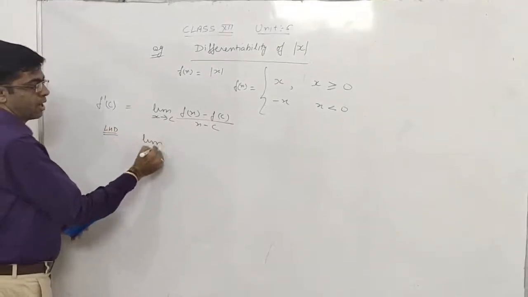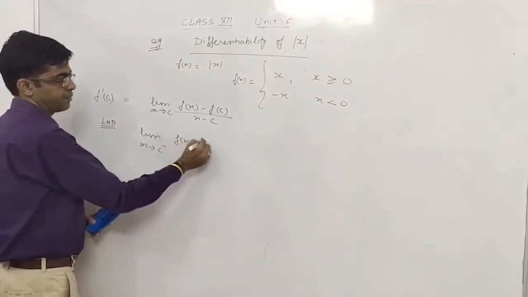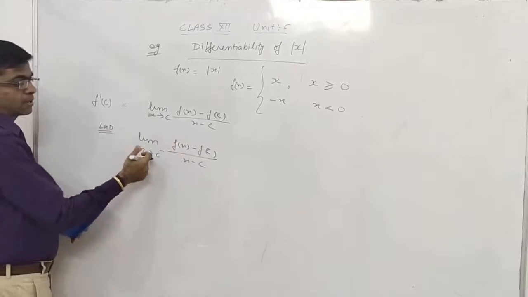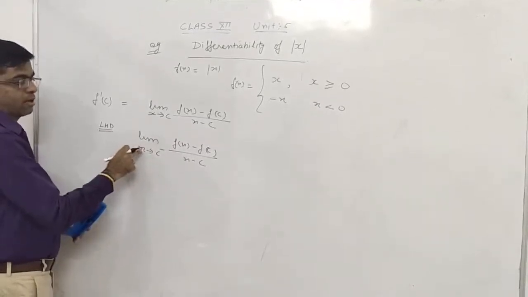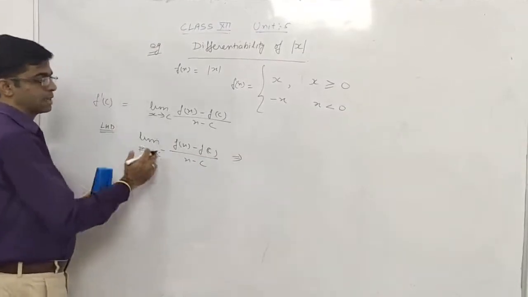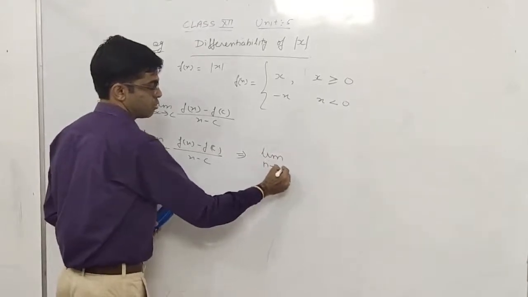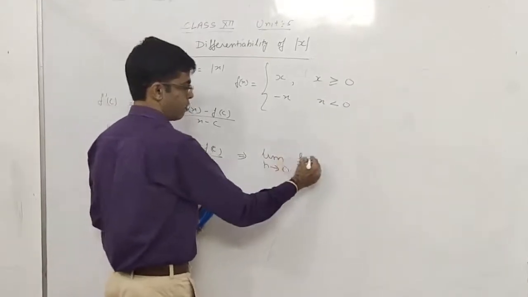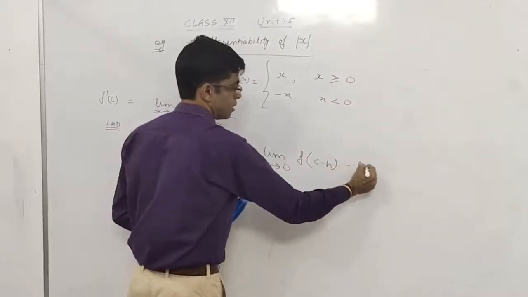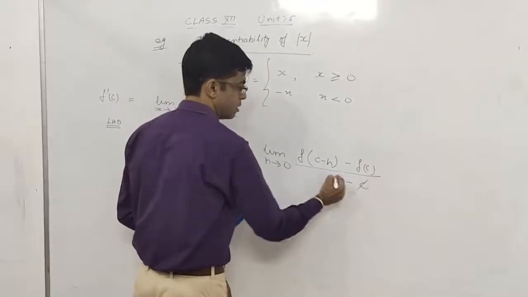So now the left hand derivative, x approaches c minus, same function. Now we will put x equals to c minus h and keep h tends to 0. So h tends to 0, f of c minus h minus f(c) upon c minus h minus c.